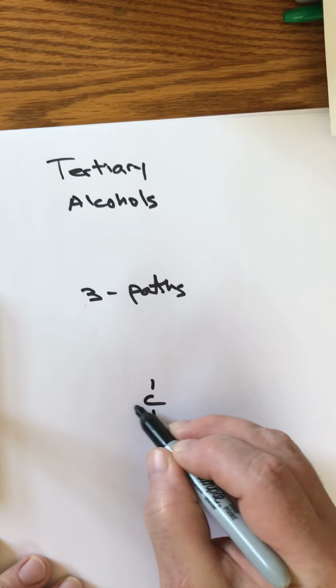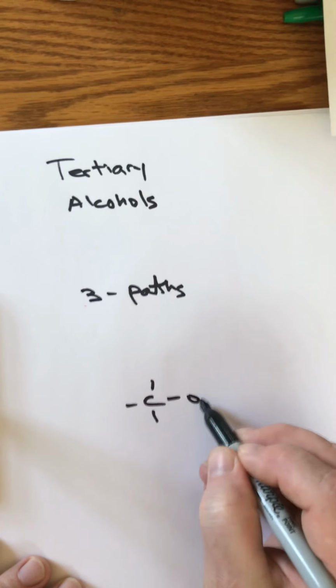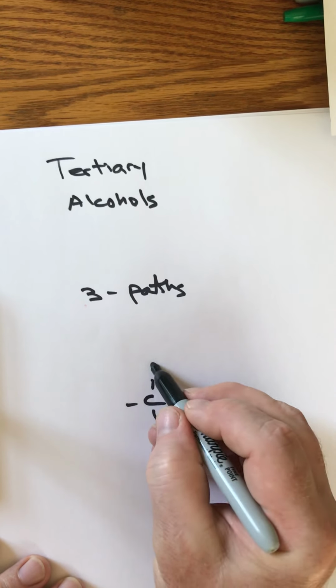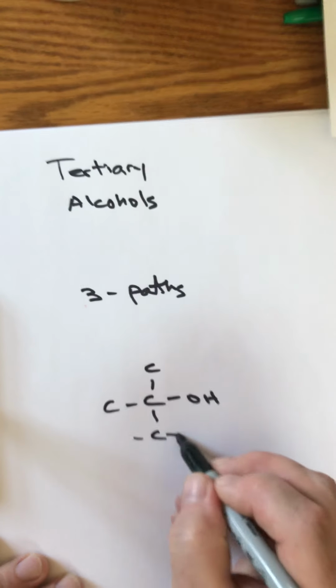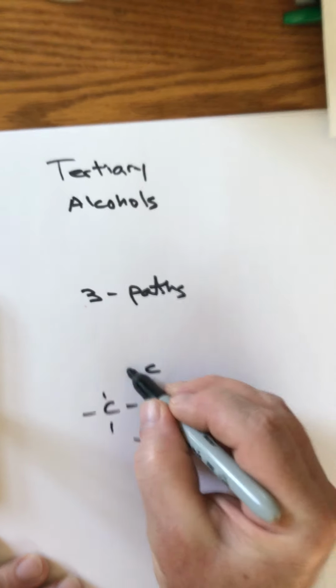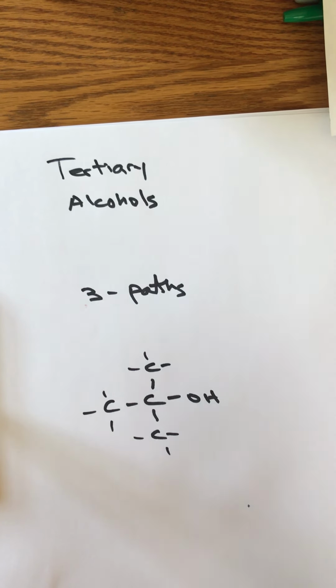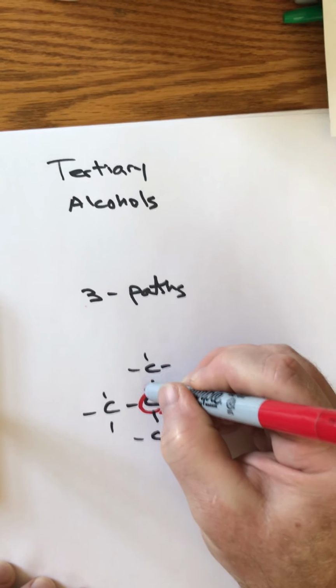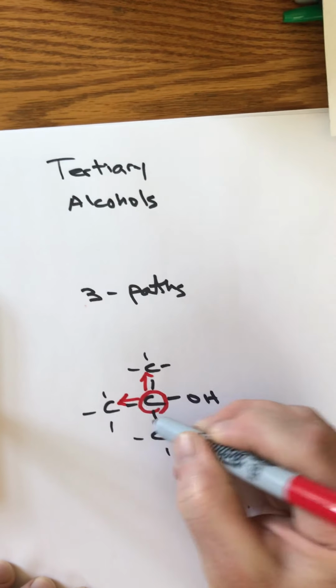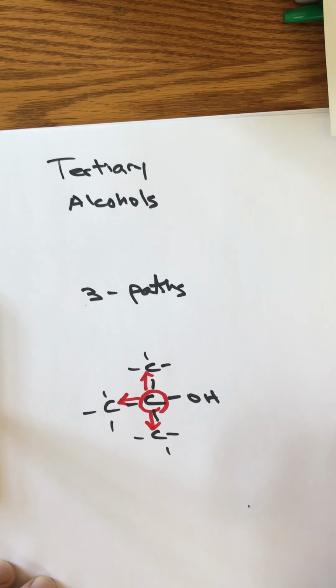Carbon makes 4 bonds. I'm going to put my OH here. If I put a carbon here, and a carbon here, and a carbon here, I have 3 paths. Look at your main carbon. Here it is. I'm connected to 1, 2, 3 carbons. So that makes it a tertiary alcohol.